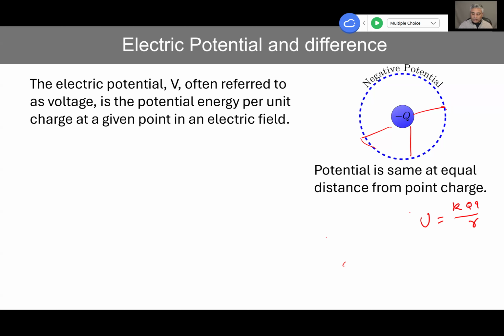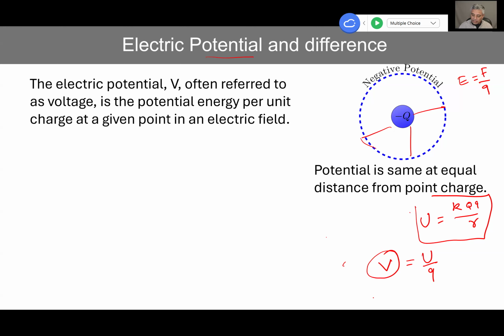So now, what is potential then? So this is not potential energy. We're talking about potential. So we have this potential energy. Divide potential energy by unit charge, just like to find field, you divided force by charge, right? Same thing here.